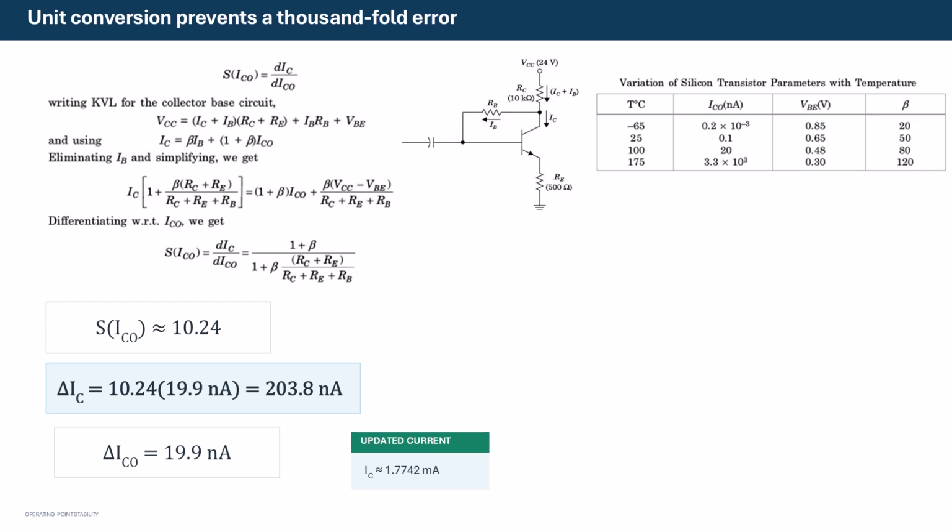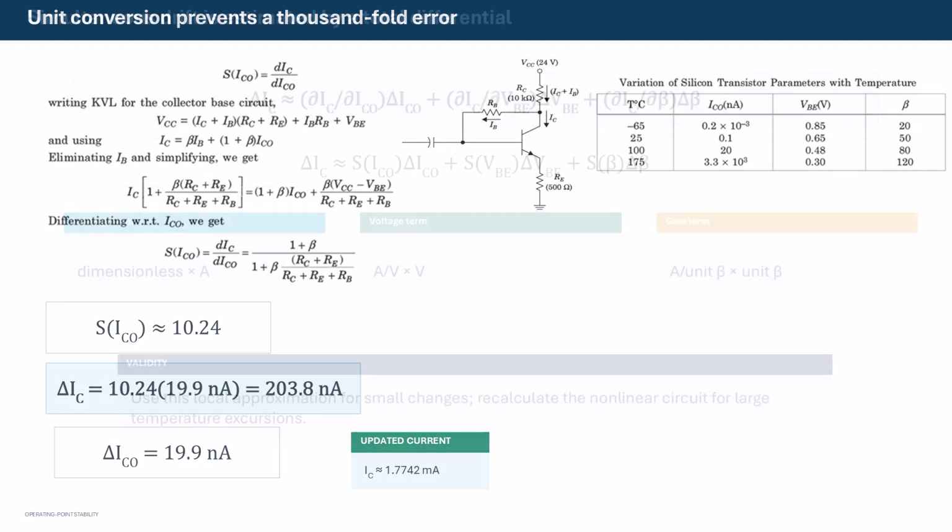So the change in leakage current is 19.9 nanoamperes. Multiplication gives a collector current increment of about 204 nanoamperes or 0.204 microamperes. The collector current at 25 degrees C was 1.774 milliamperes, and now at 100 degrees C it is 1.7742 milliamperes.